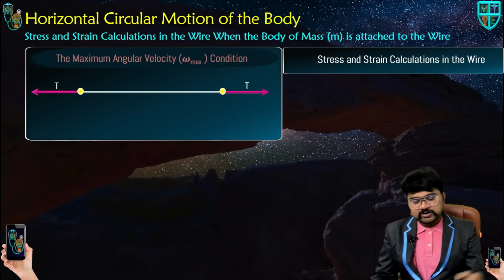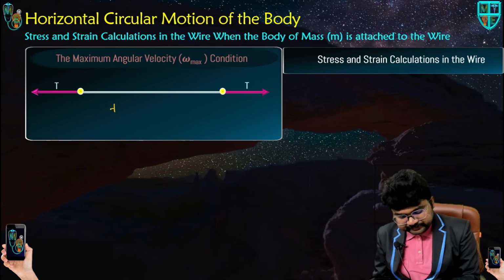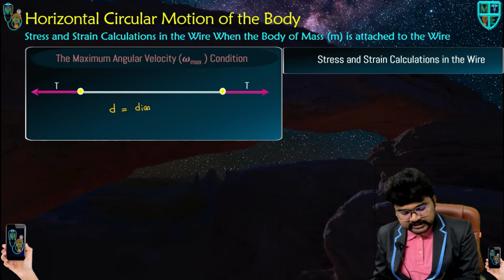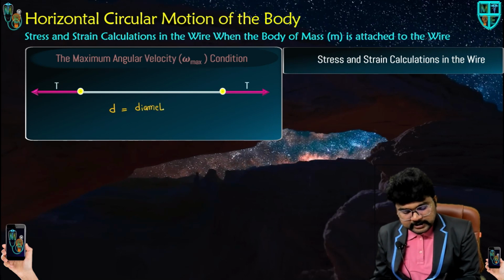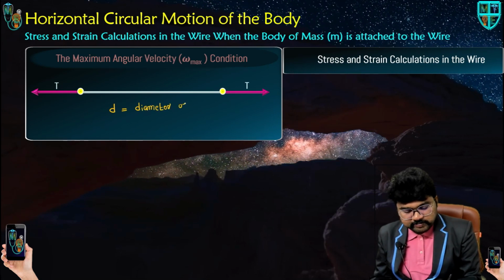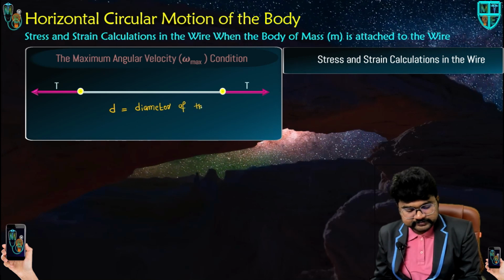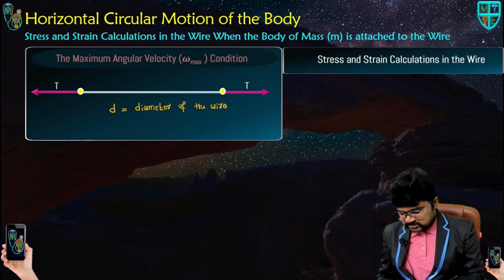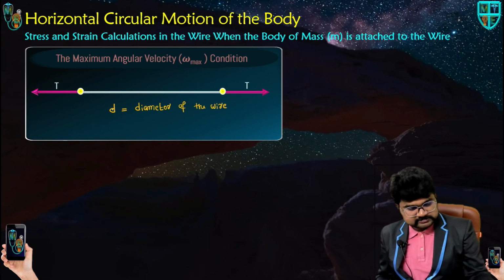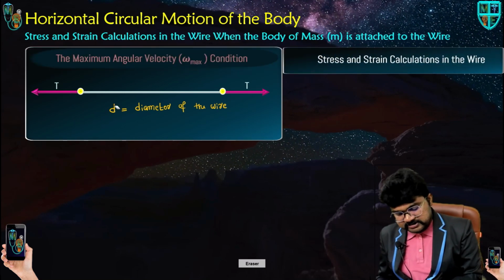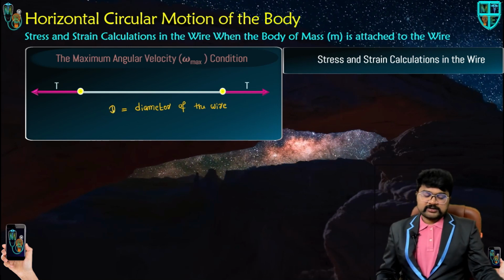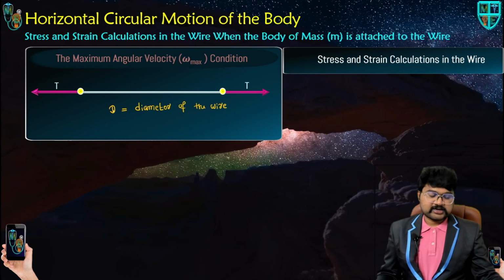So here I want to take D as the diameter of the wire, maybe capital D in order to avoid confusion.